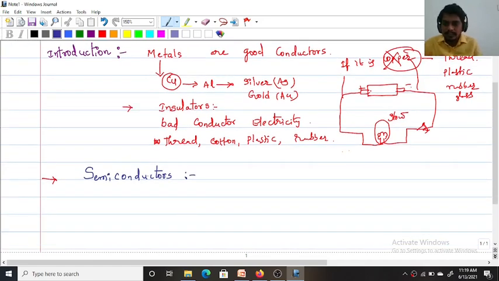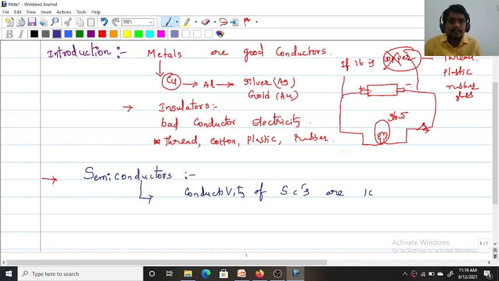The name itself reveals that their conductivity is in between. The electrical conductivity of semiconductors is almost 10 to the power of minus 11 times that of conductors, much smaller, and there are a lot of power losses when you use a semiconductor in place of a conductor.